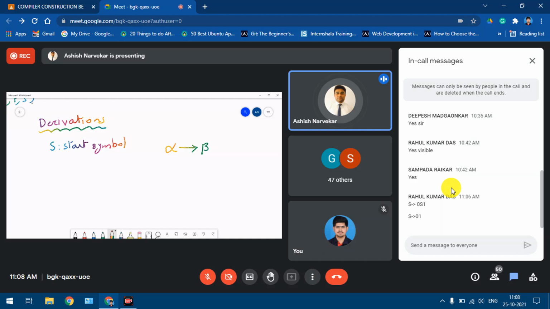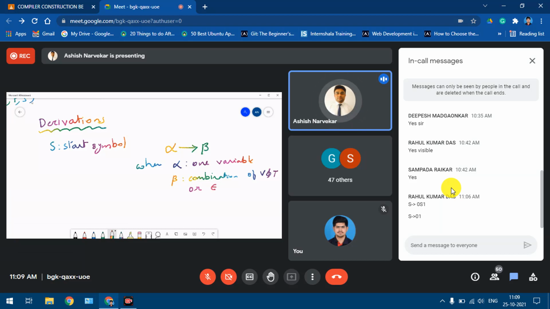Okay, this is just a generalized form, a general definition of the production rule, where alpha has to be one variable or one non-terminal, and beta could be a combination of V and T, or it could also be empty.